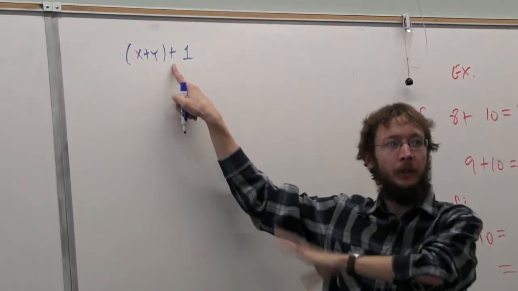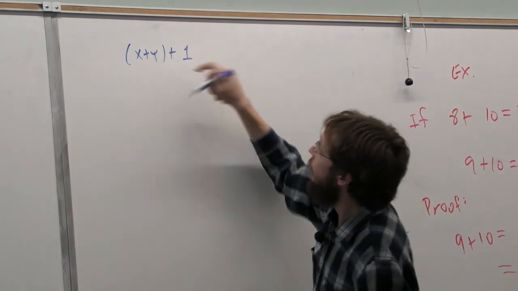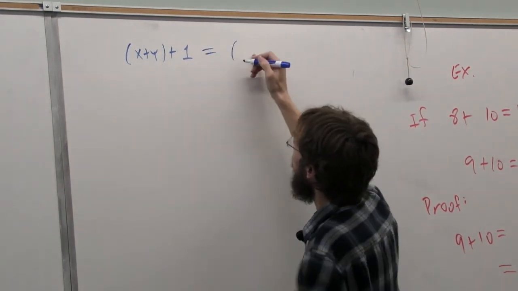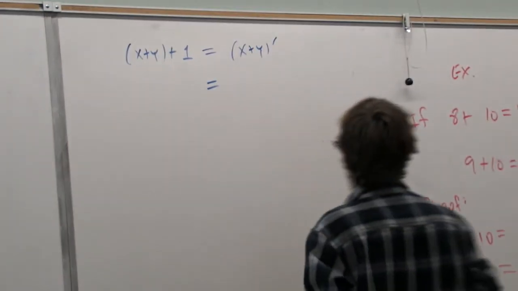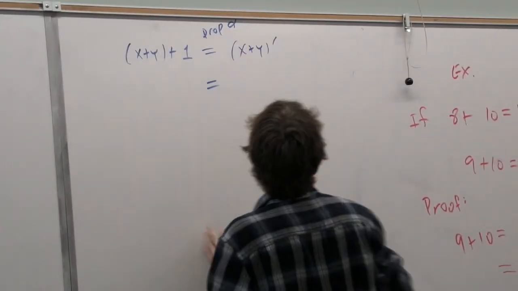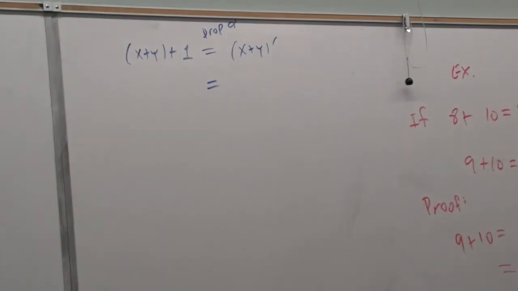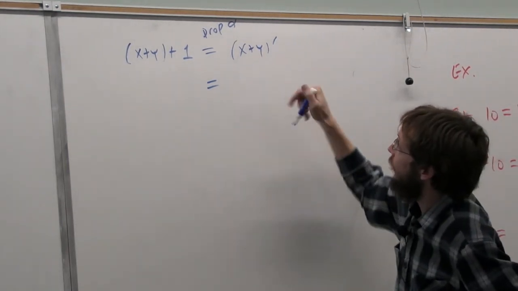And going back to that earlier board that I just now erased, if you have a plus 1 at the end, then property alpha says that's really the same thing as just taking the successor of this number. So this is property alpha from before. And now we have x plus y successor.